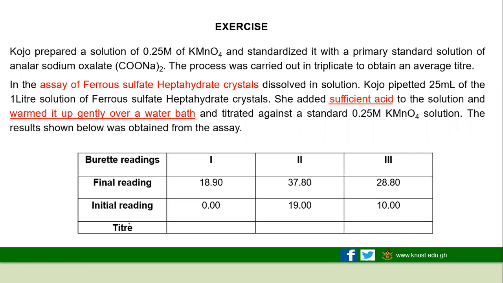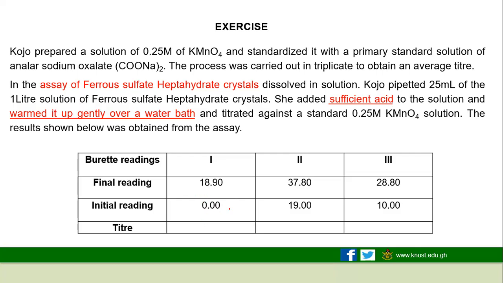The next part says, in an assay of ferrous sulfate heptahydrate crystals dissolved in solution, Kofi pipetted 25 mL of 1 liter of ferrous sulfate heptahydrate crystals, right? Now, she added sufficient acid to the solution and warmed it up gently over a water bath and titrated against a standard 0.25 molar KMnO4. The result shown below was obtained for the acid. So 3 determinations, right? Good.